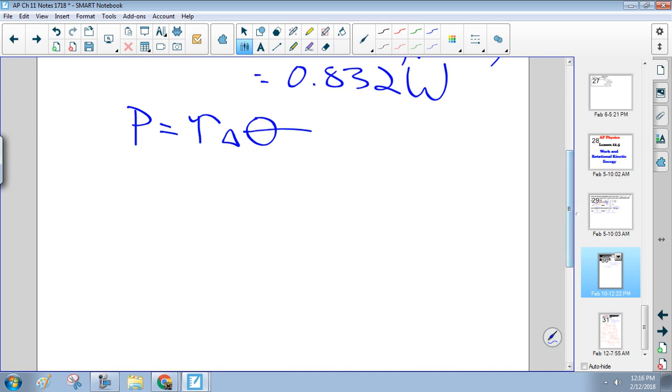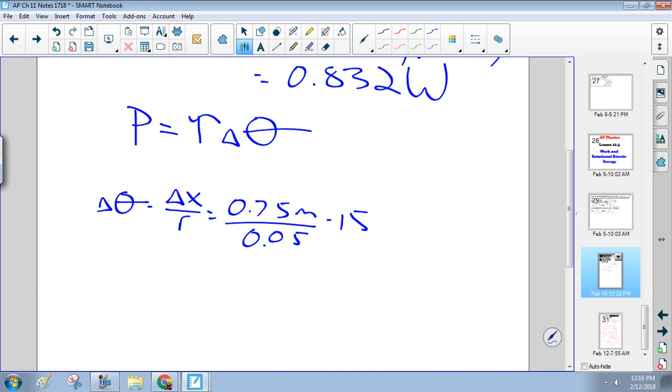Delta theta equals delta x over r. 0.75 meters is how far it fell, the radius is 0.05, so 0.75 divided by 0.05 gives you 15 radians times the torque. So our torque was 0.026 times 0.15.